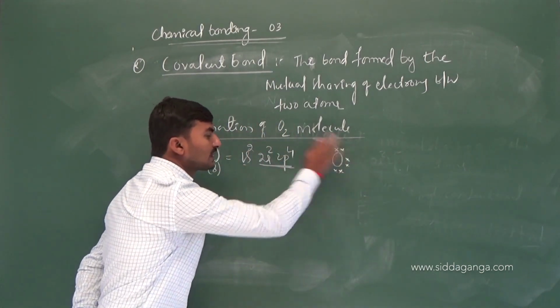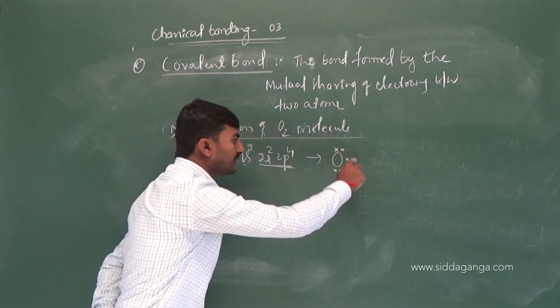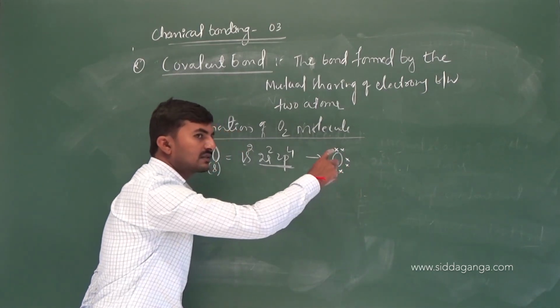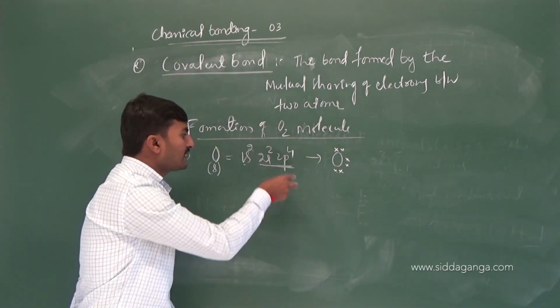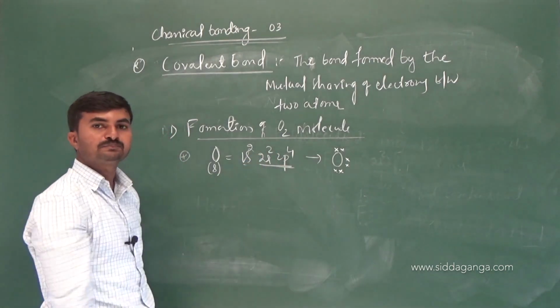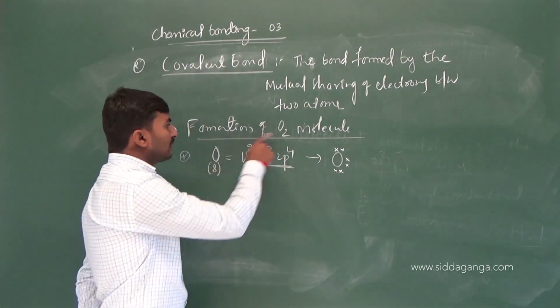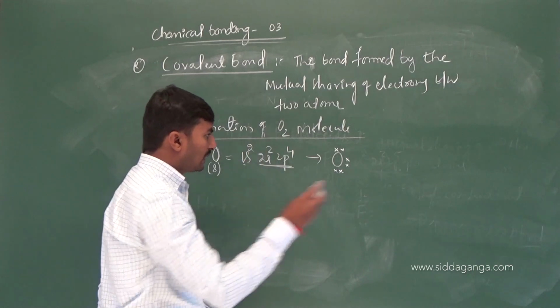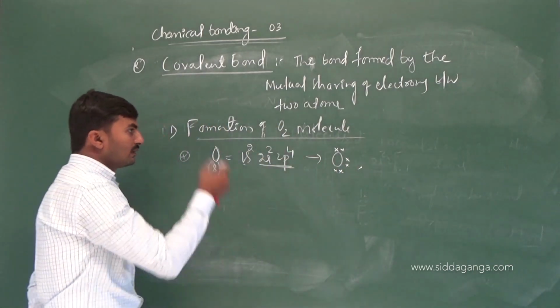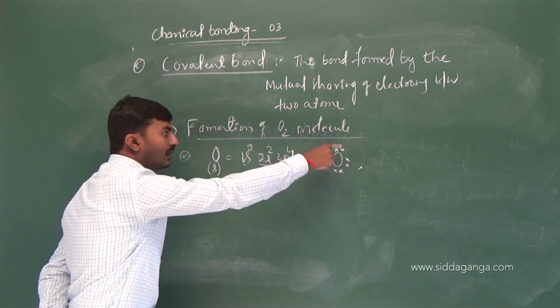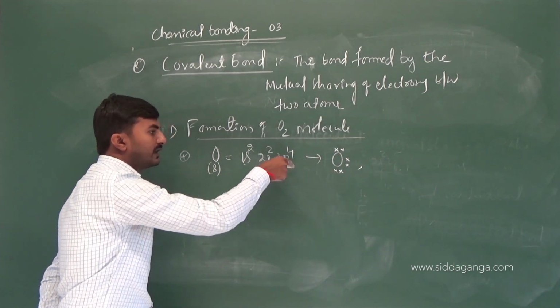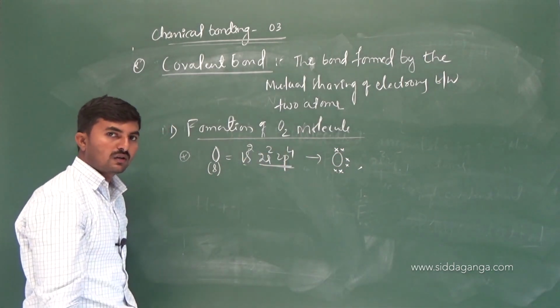These symbols indicate the number of electrons present in the valence shell of oxygen. Here we have one more oxygen, which also has the same 6 valence electrons in its valence shell.